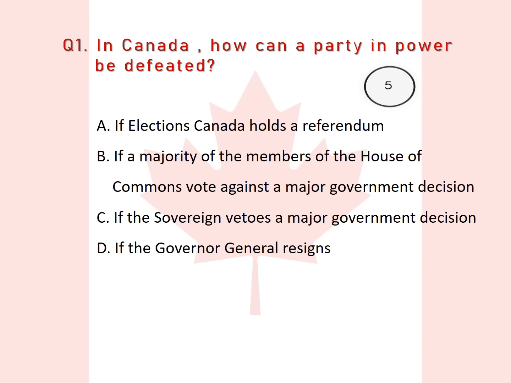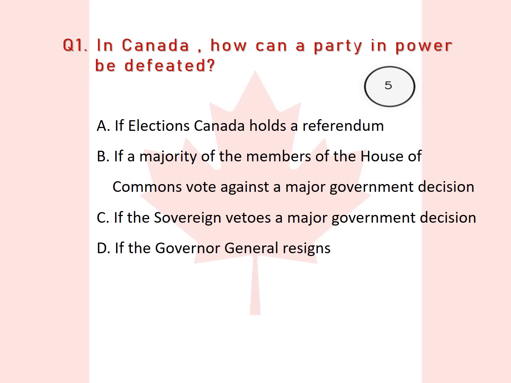In Canada, how can a party in power be defeated? Option A. If elections, Canada holds a referendum. Option B. If a majority of the members of the House of Commons vote against a major government decision. Option C. If the sovereign vetoes a major government decision.